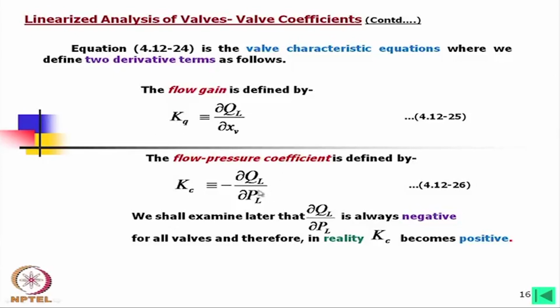But why is this negative? Why will this term always be negative? Because if pressure increases, flow decreases. So, they are reverse functions, which is why a negative term will always come here. So with this real negative value, if you put the minus sign there, K C will always be positive.